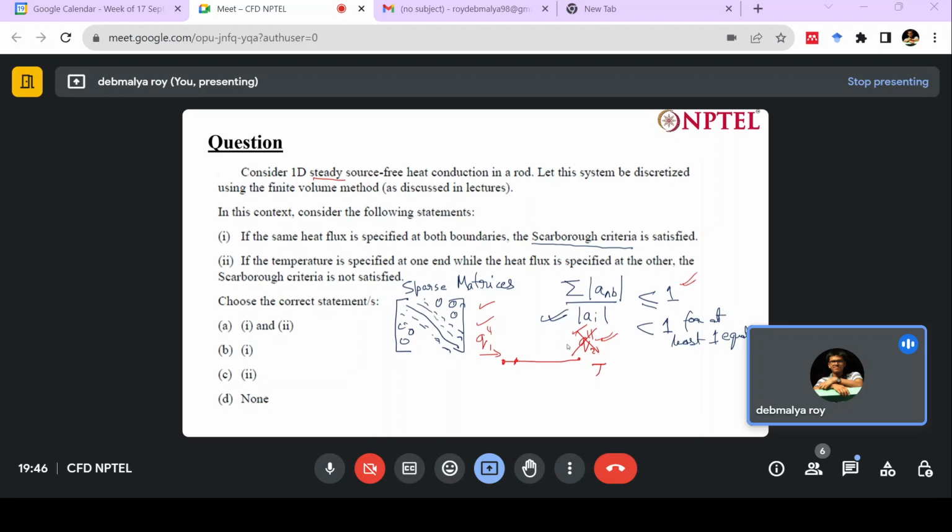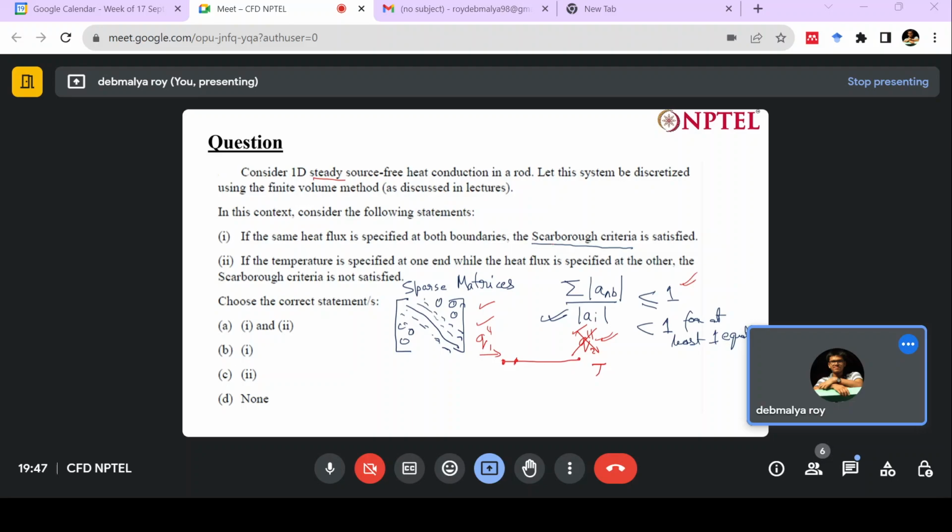If we discretize this equation, I will leave it to you. If there is any problem in discretizing this, we can discuss. Finite volume we have already done, so you can refer to the finite volume notes for how to discretize this and apply these boundary conditions.